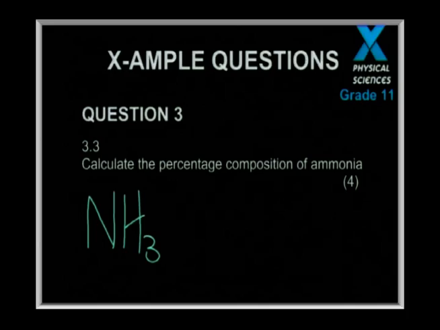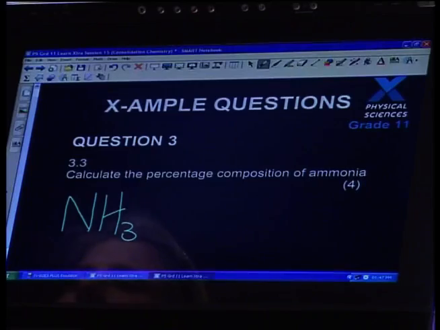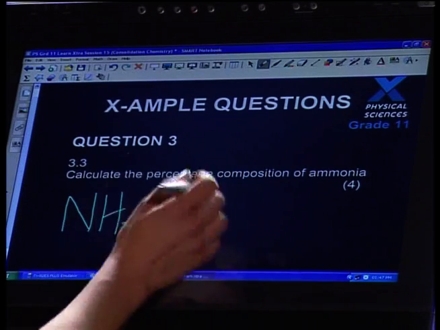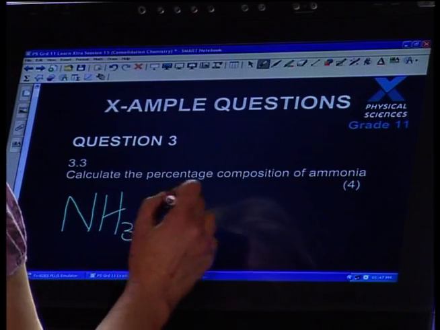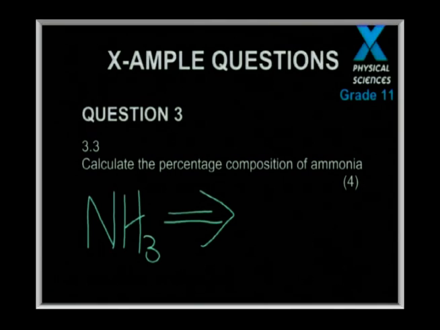Now when we are asked for percentage composition, we merely want to know what percentage is nitrogen, and what percentage is hydrogen within that ammonia molecule. So what you'll have to do is first calculate the entire molecular mass of NH3. Again, for this you will use your periodic table.